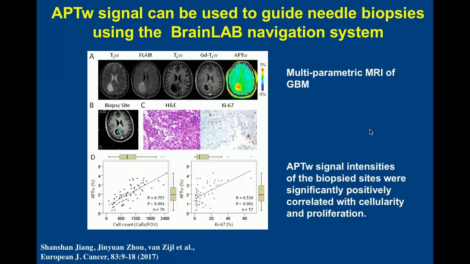And also now at our site, they've integrated these CEST images into the Brainlab navigation system to allow the neurosurgeons to actually use it for guiding the needle biopsies. And so they've seen some improvement in collecting very good cellular samples using this APT imaging.